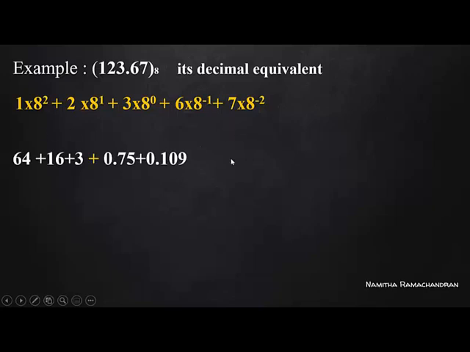So these values are 64 plus 16 plus 3, plus this is 0.75 and this is 0.109. After adding, we get the value 83.859. This is the decimal equivalent of this particular number represented in octal system.